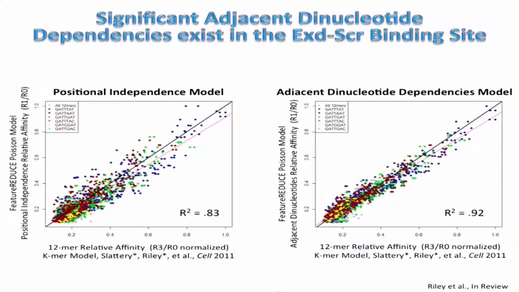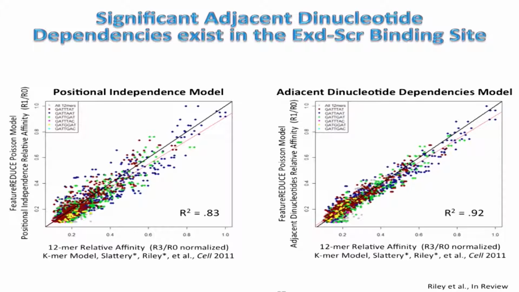The first thing is that there are significant adjacent dinucleotide dependencies. And the second thing is that FeatureREDUCE, using just one round of SELEX-seq data and the Poisson model, is able to effectively capture a lot of these dinucleotide dependencies. So any questions?